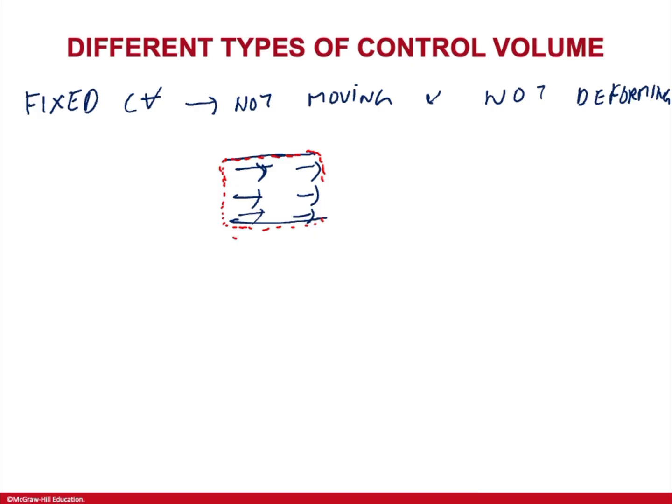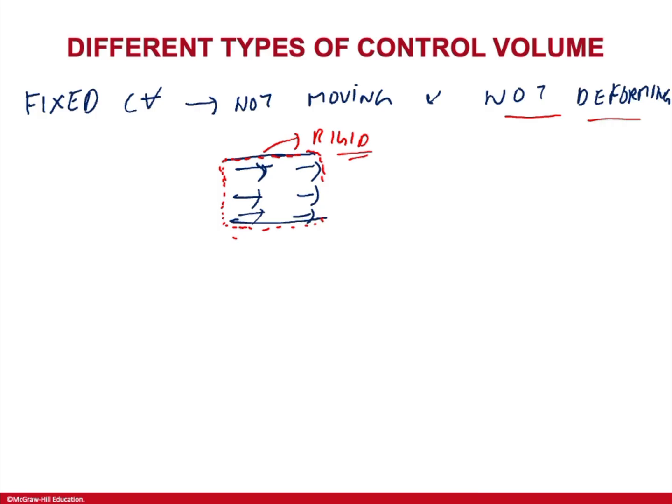But since this is a rigid pipe, it is not going to be deforming, so the shape would not be changing. That's what it means by deforming. So if the control volume shape is not changing with time, then it is a non-deforming control volume.